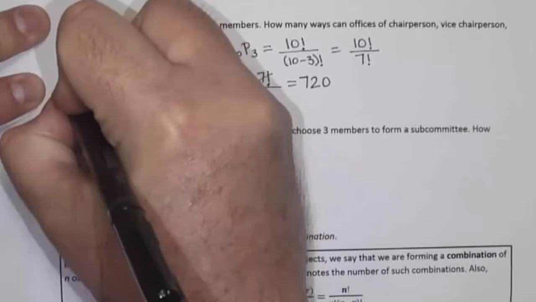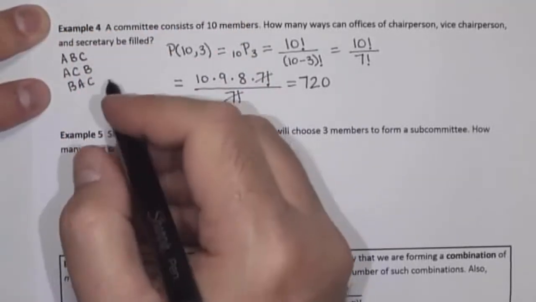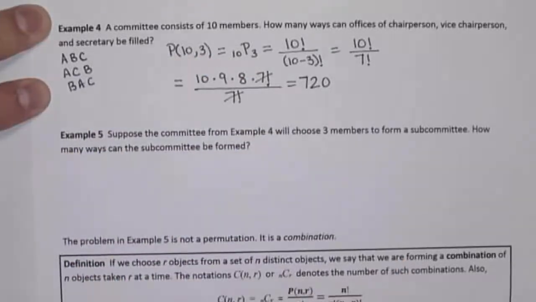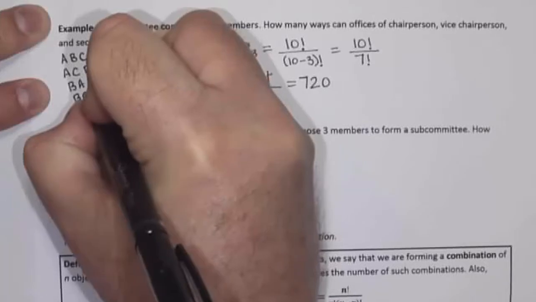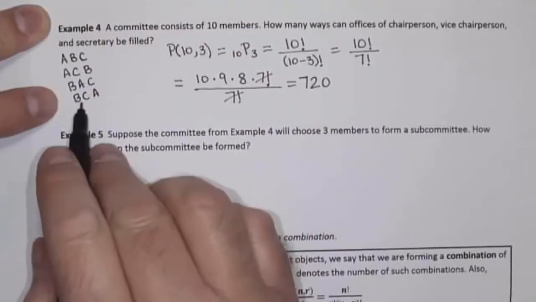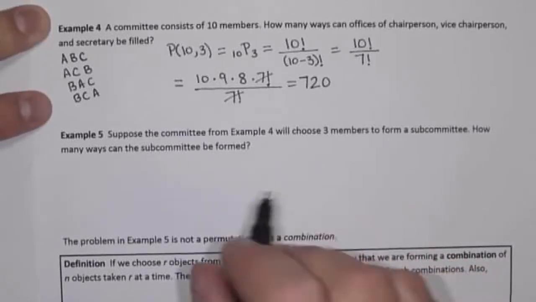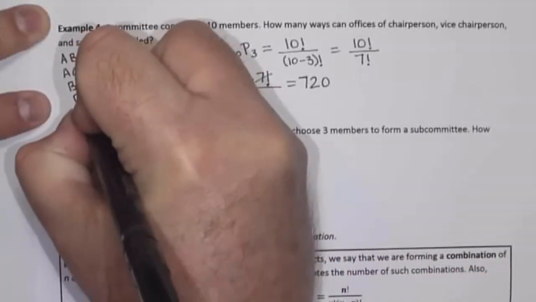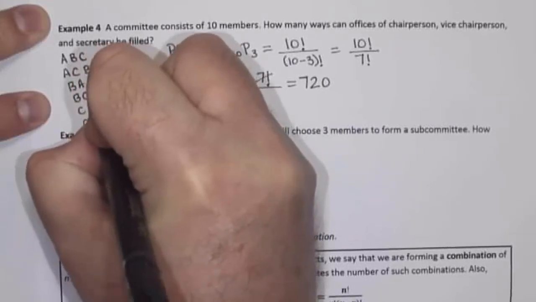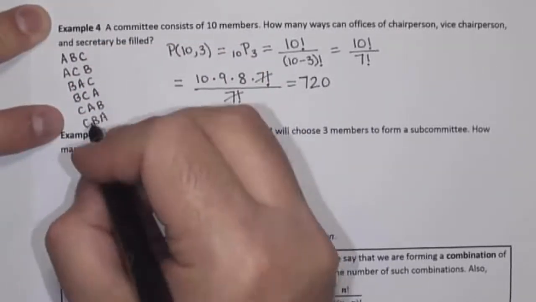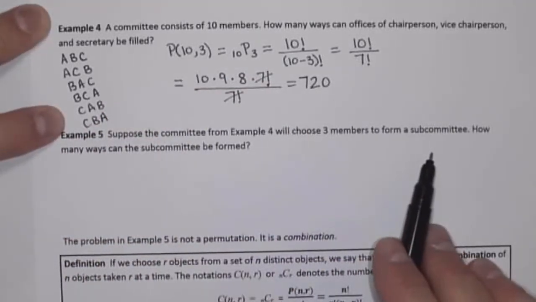Well, if I have B first, A second, C third, that's a different outcome in 4, but it's the same outcome in 5. If I have B first, C second, A third, that's a different outcome in example 4, but it's the same outcome in example 5. And likewise, if I have CAB or if I have CBA, these 2 outcomes are different outcomes in example 4, but they're the same outcome in example 5.